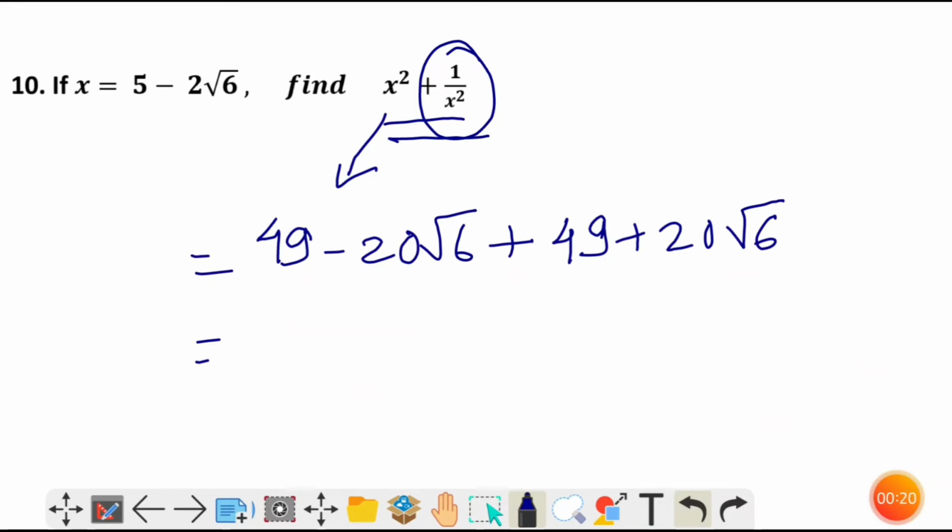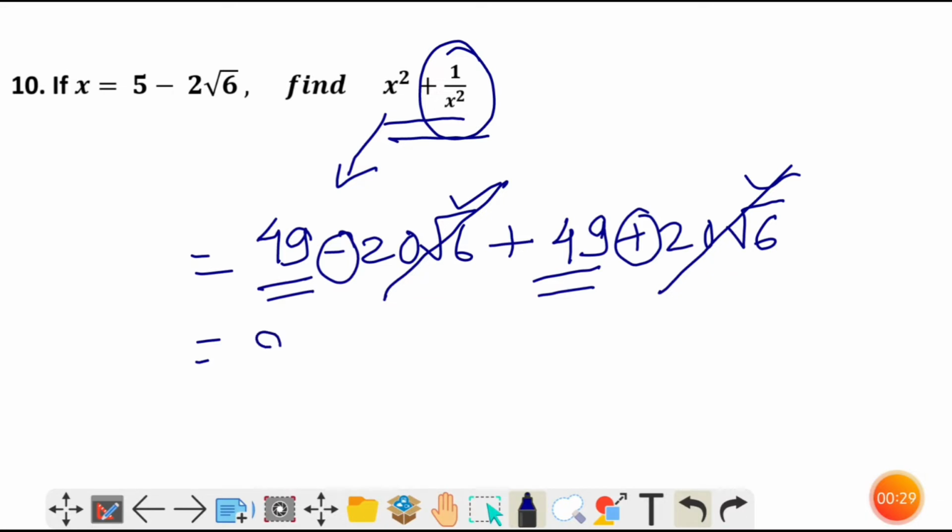Now we're getting 20 root 6 with the opposite sign, so they will be cancelled out, and 49 plus 49, we have 98. So this is the answer.